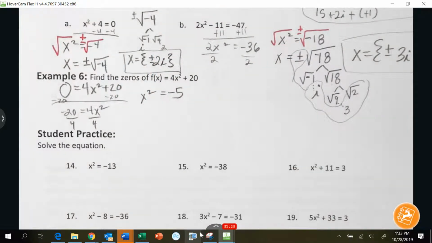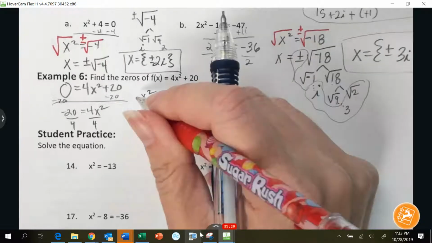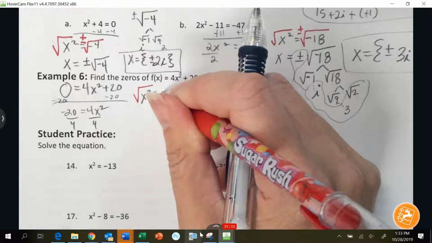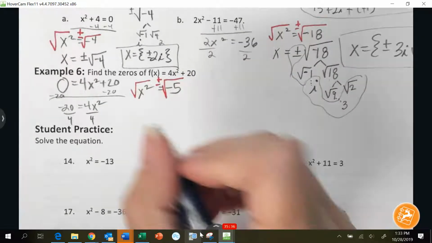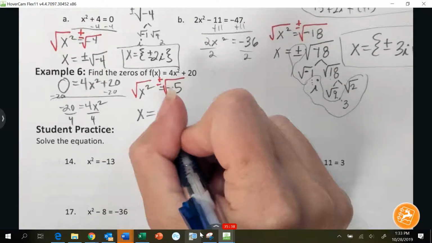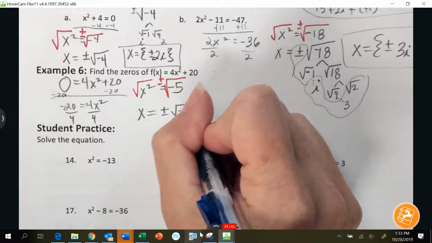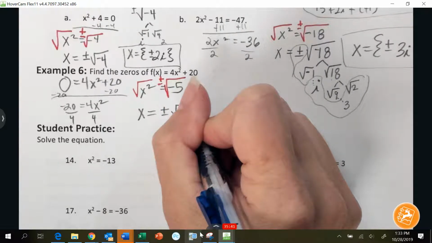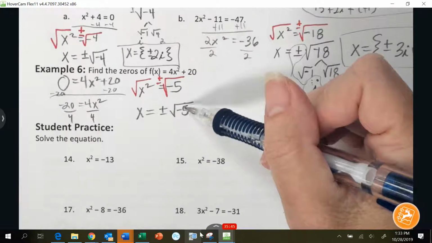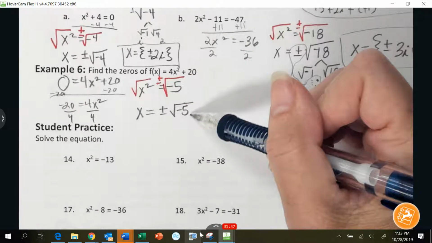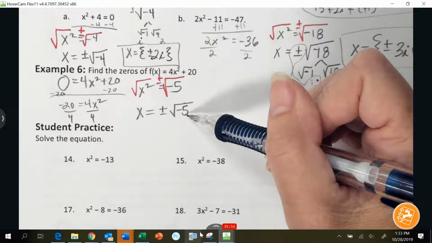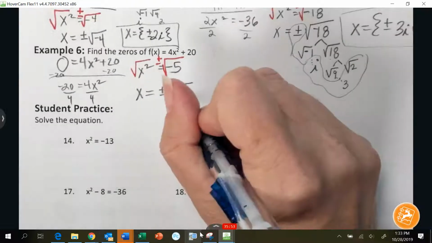Jessica, what should I do? Thank you. I didn't even have to ask. Good job. So now we have x equals plus minus square root negative 5. Is this good enough as is? Break it down. Okay? We're going to break it down.